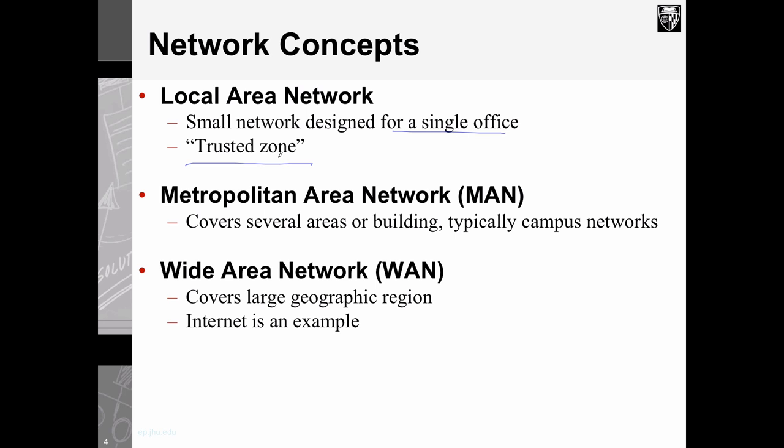MAN, or metropolitan area network, on the other hand, is typically designed for a company that has several buildings or a university campus. The wide area network or WAN, on the other hand, covers a large geographic region, and the internet is an example of a wide area network or WAN.